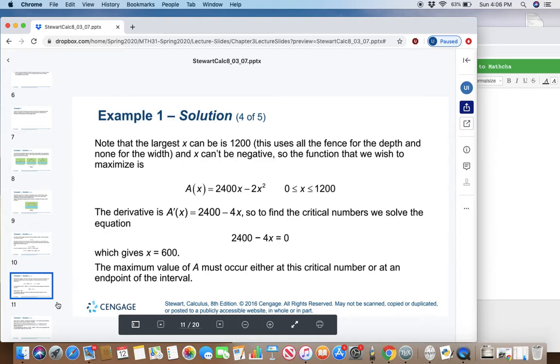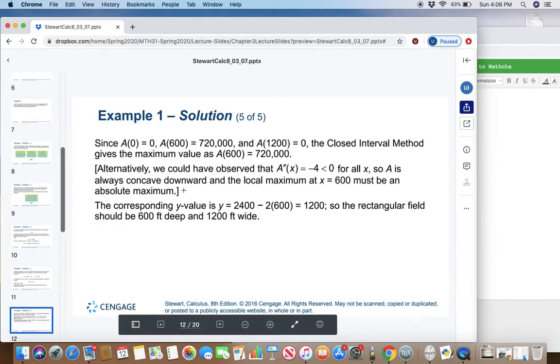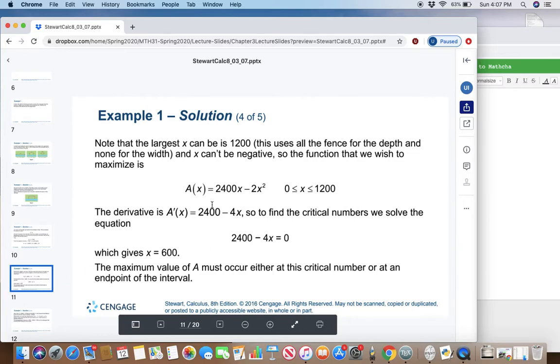Okay. So find the endpoints. When x is 0, a is 0. When x is 1200, a is 0. So this is the maximum, when x is 600. That's the maximum area. Another way of noticing it, find the second derivative of a.